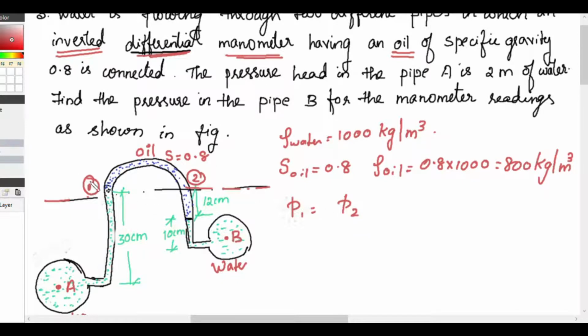So what is the pressure at 1? It is the pressure at A, plus the pressure due to this height, sorry, minus the pressure at A.